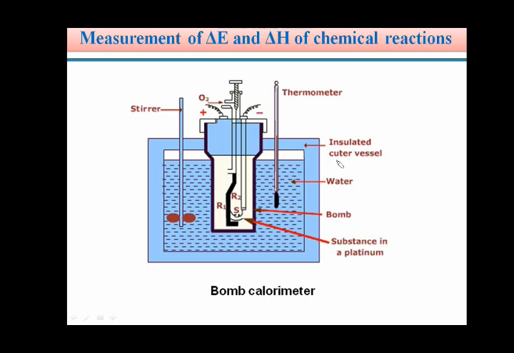In the bomb calorimeter, this is called a bomb. Generally, this bomb is made of stainless steel. Here, this dark colored coated vessel is a stainless steel vessel. It is known as a bomb, and it is used in this experiment.